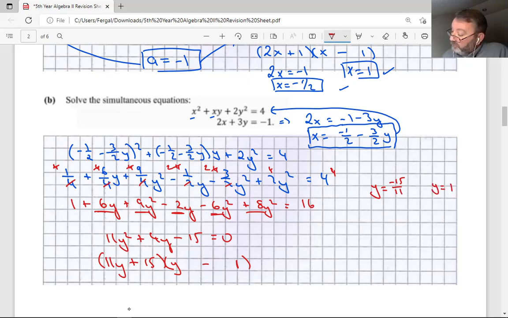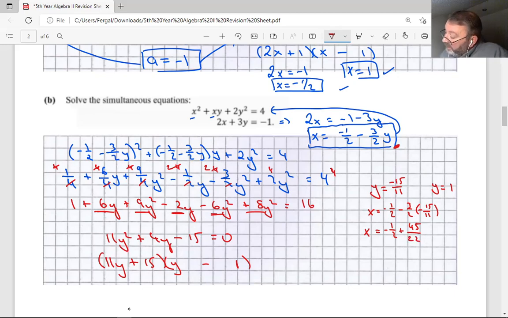Okay, what are the corresponding x's? Now, all you've got to do there is go back to this equation, this one, and take the y in and put it in here. So you end up with minus a half minus 3 over 2 times minus 15 over 11. Let's do the first x. So that x there will become minus a half minus 3 over 2 by minus 15, which is plus 45 over 22.